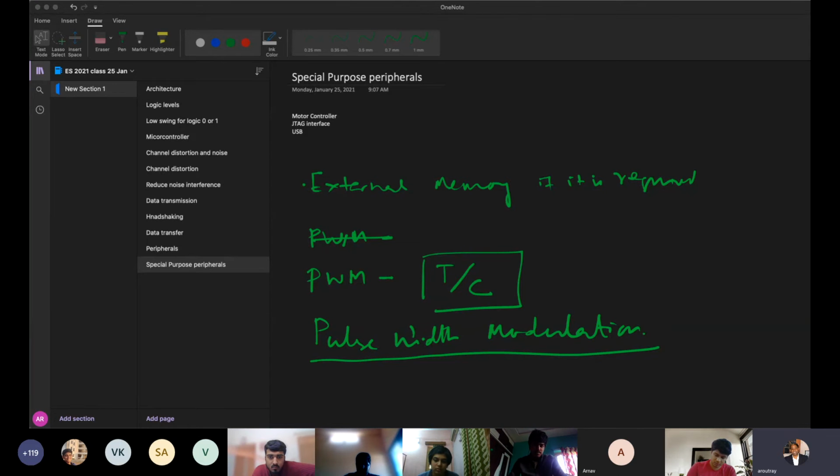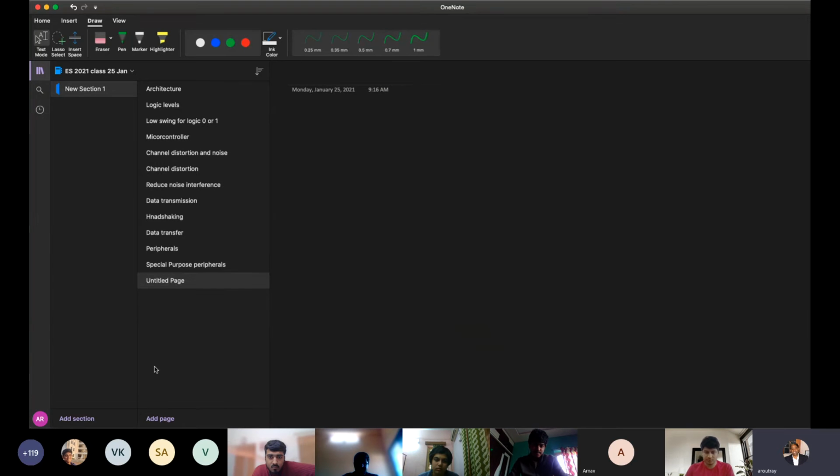So the whole embedded system or embedded controller design is based on the following. So the design is, number one, the processor. Then the peripherals.